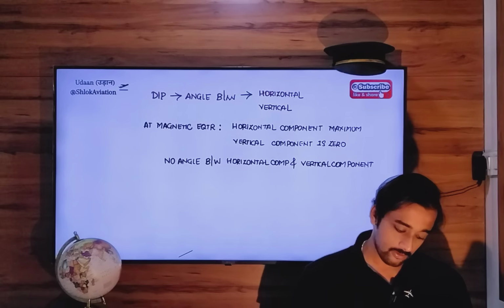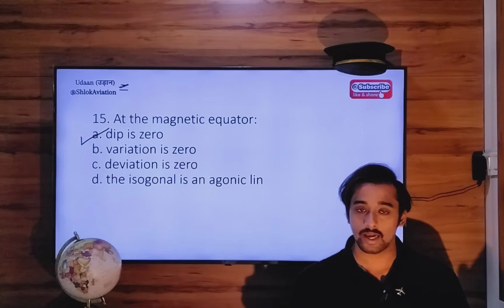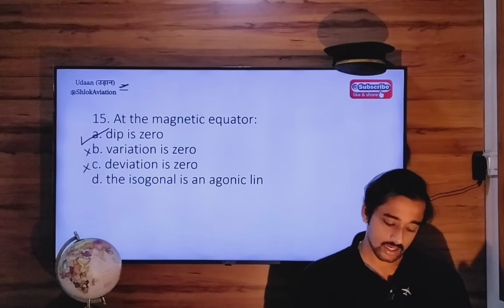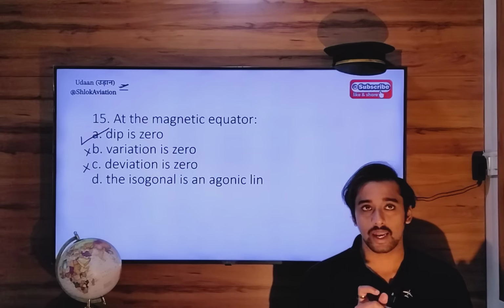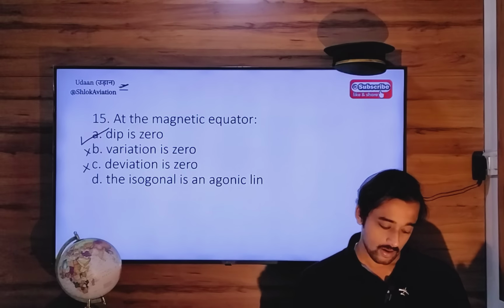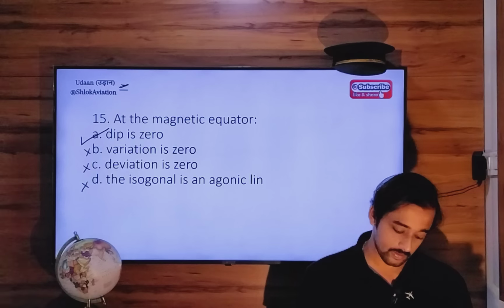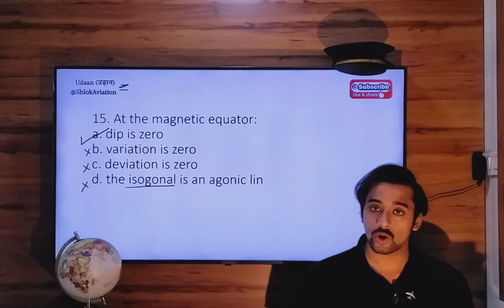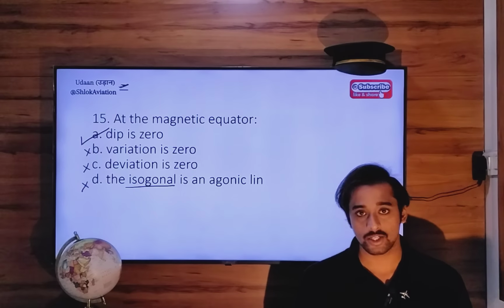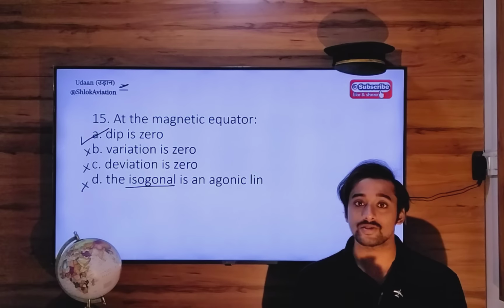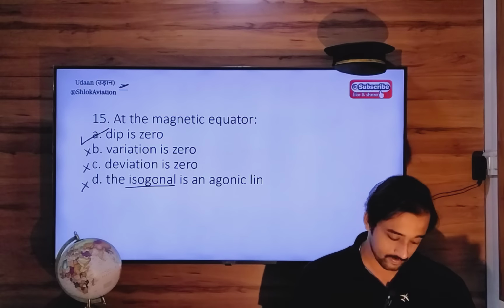So therefore dip is 0 at the magnetic equator. Variation cannot be 0. Deviation is a characteristic of the aircraft. And isogonal line is an agonic line, that is also wrong. An isogonal line is a line joining places of equal magnetic variation. An agonic line is a line joining places of zero magnetic variation.